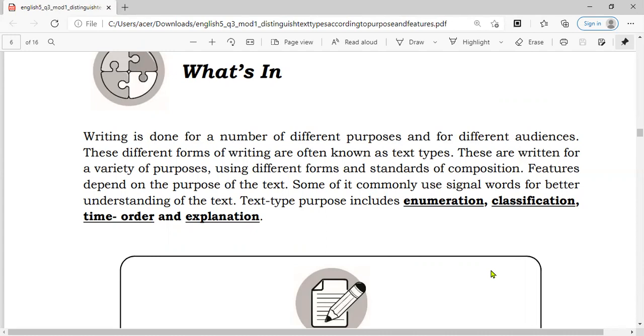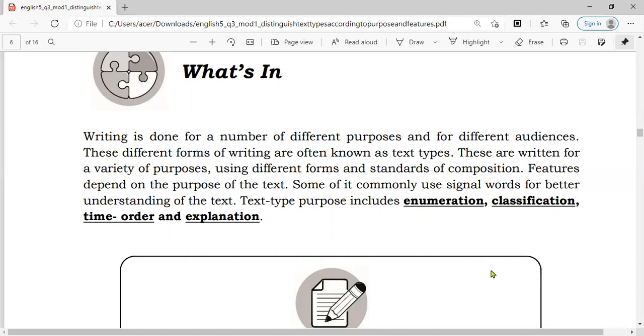These different forms of writing are often known as text types. These are written for a variety of purposes using different forms and standards for composition. There are standards to follow, forms to follow, and firsthand before you write, we must have our purpose. Along with the purpose comes the features.